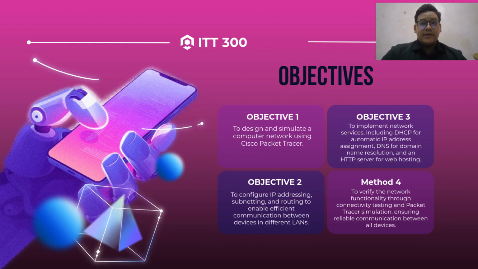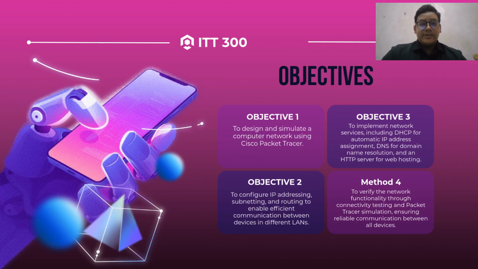Next, the objectives of this project are to design and simulate a functional computer network using Cisco Packet Tracer by connecting two local area networks with routers. We also aim to implement essential network services, including DHCP for automatic IP address assignment, DNS for domain name resolution, and an HTTP server for web hosting.